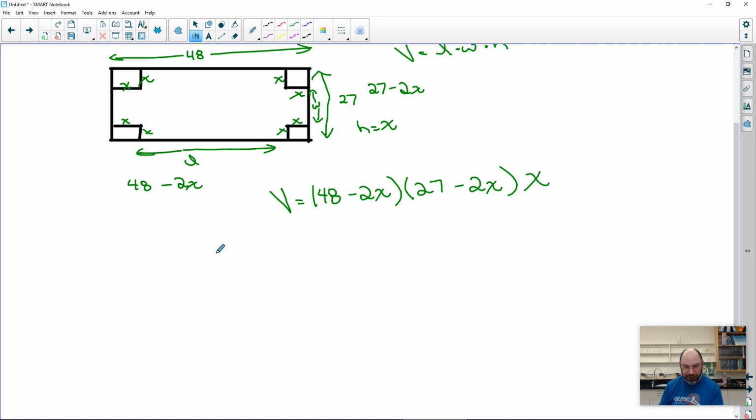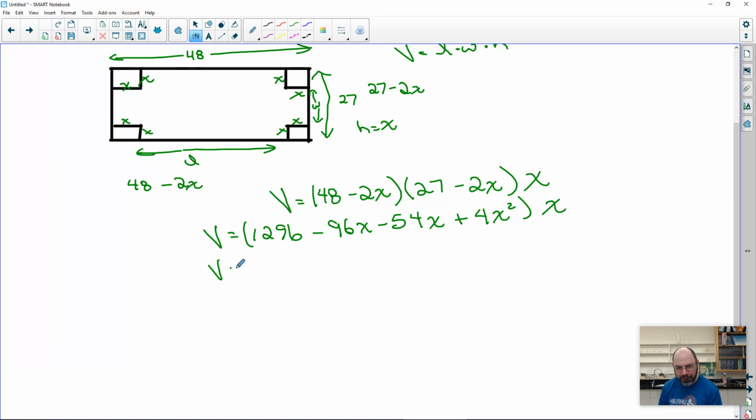Okay, so that's 1296. So the volume equals 1296. And then we get 48 times negative 2, which is negative 96x. And then we have negative 54x. And we have positive 4x squared, all multiplied by x, and then we expand it out.